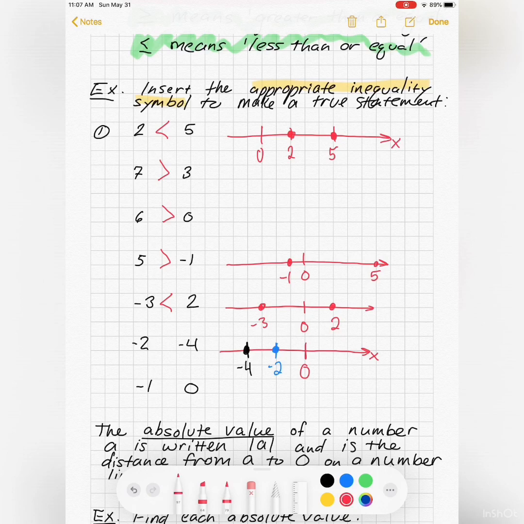In other words, -2 is more than -4. Okay, but that makes sense because if you think about it, if I only owe $2 versus if I owe $4, -2 is a smaller debt than -4 is. Okay, so -2 is bigger than -4.